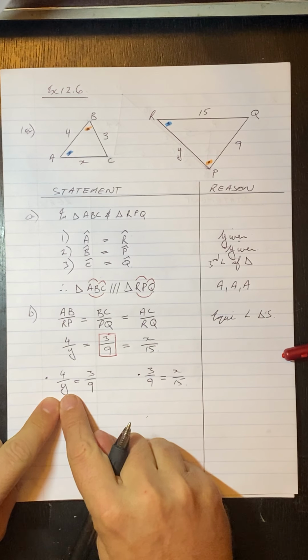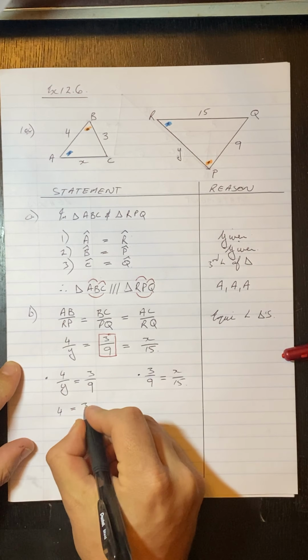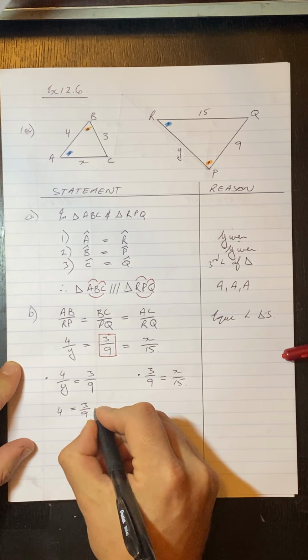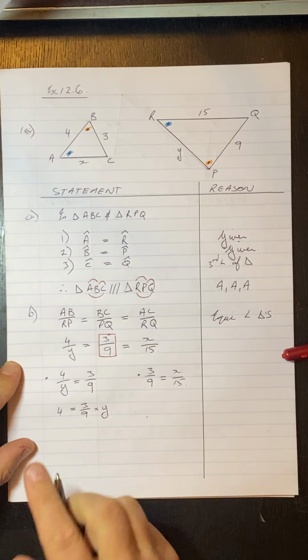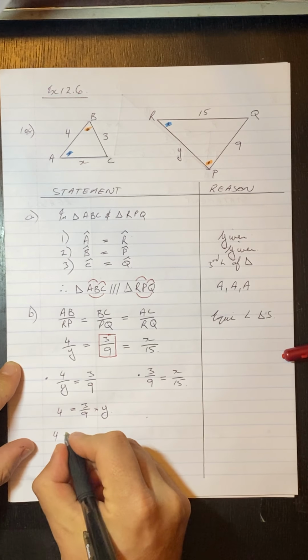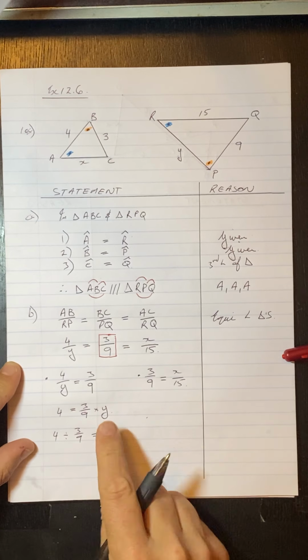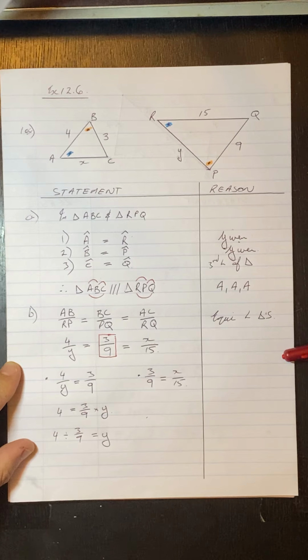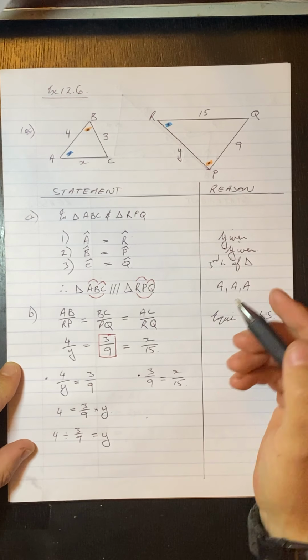Let's solve for this one. I'm going to multiply up by y. So I get 4 is equal to 3 over 9 times y. To get the y on its own, we say 4 divided by 3 over 9 equals y, because that's the opposite of times. I'm going to just tip and times this, because we always tip and times with a fraction.